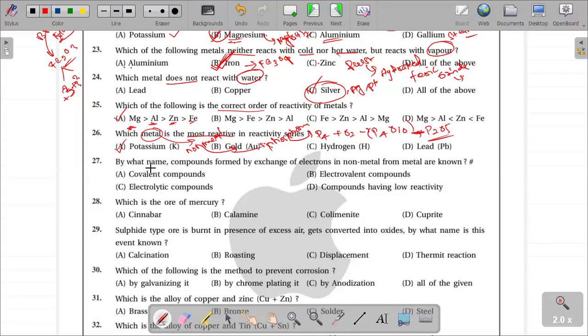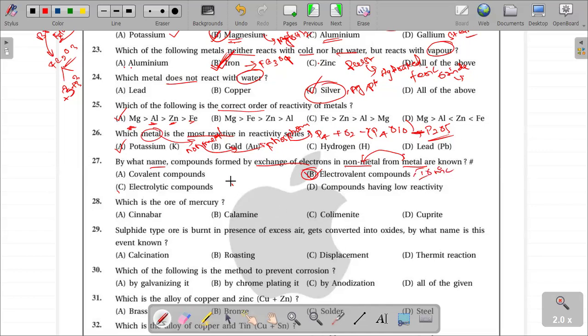Next, by what name is the compound formed by exchanging of electrons known? That means one is a non-metal and another one is a metal. If the interaction is between non-metal and metal, you have to select the option ionic or electrovalent bond, electrostatic attraction.